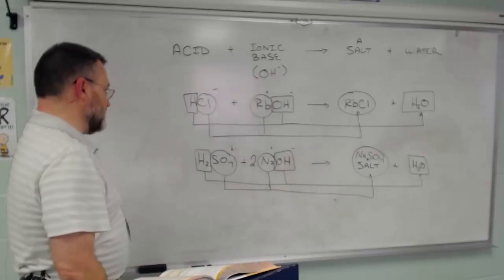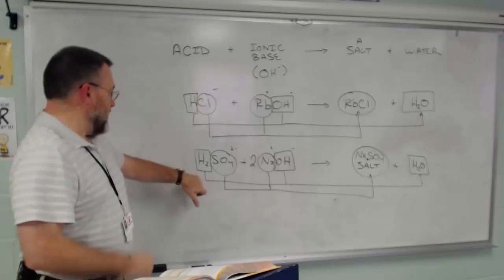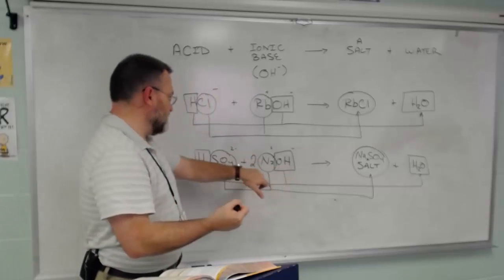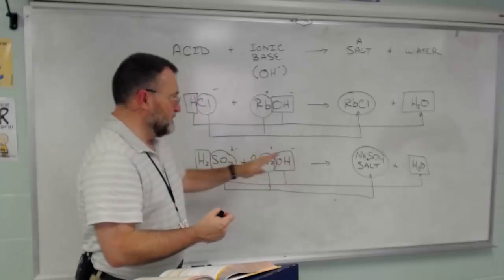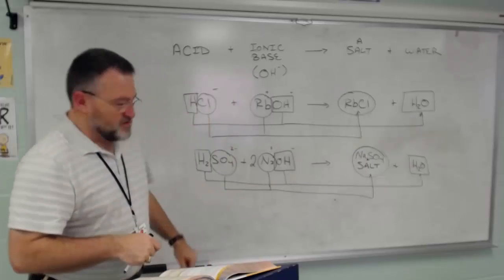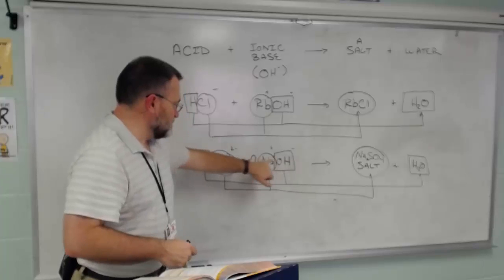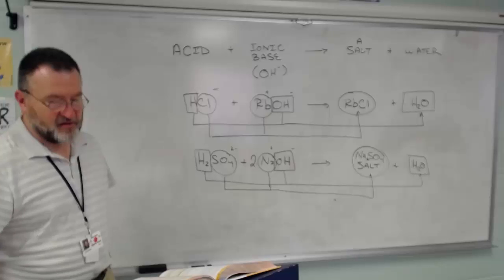Now, we look back and say, how many hydrogens are donated? 2. How many hydroxides do I have available? Well, I only had 1 before, but now I have 2. And guess what? They combine together in a 1-to-1 to form H2O. So this is now my balance. I have 2 and 2, because of the coefficient, to make H2O. How many H2Os do I make?